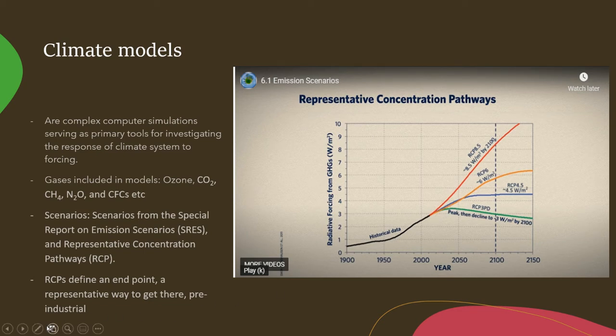There will be a peak by this time on the green line you can see, then it will decline. So this is the only scenario that will actually improve the situation by the end of this century.